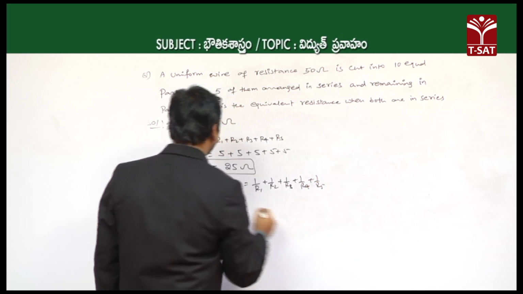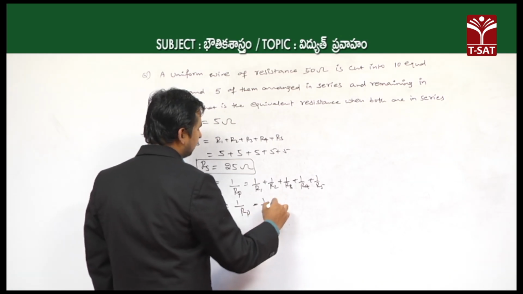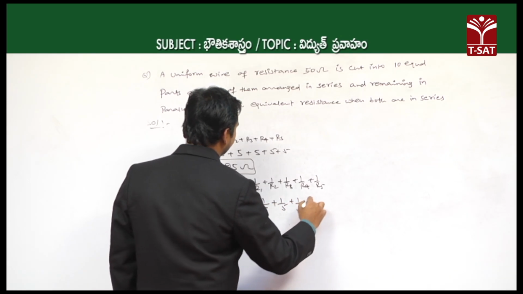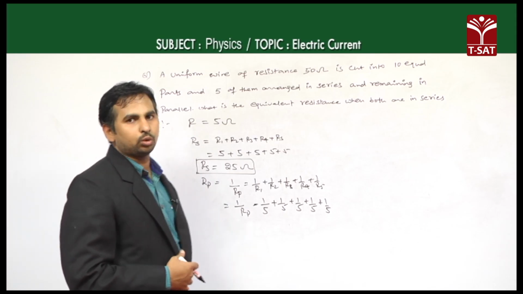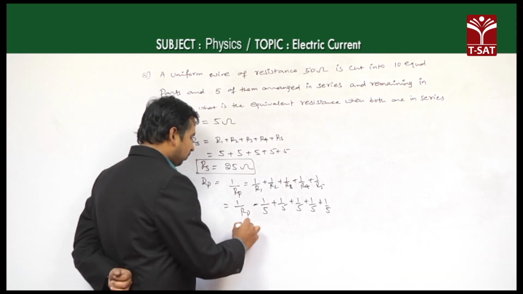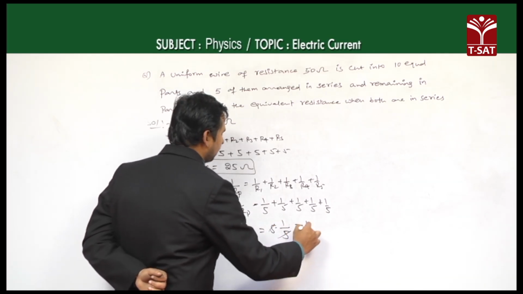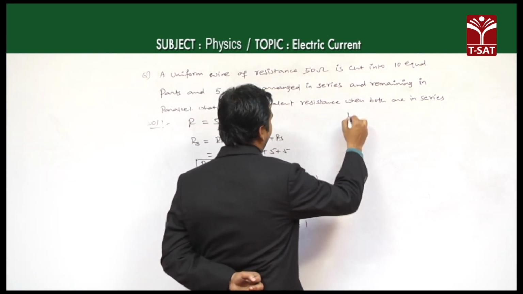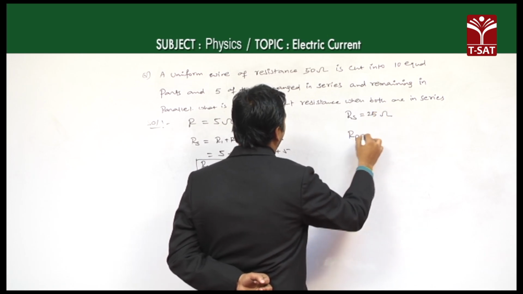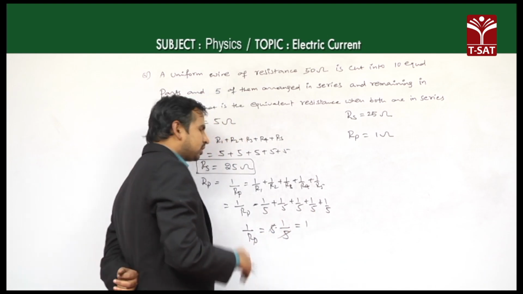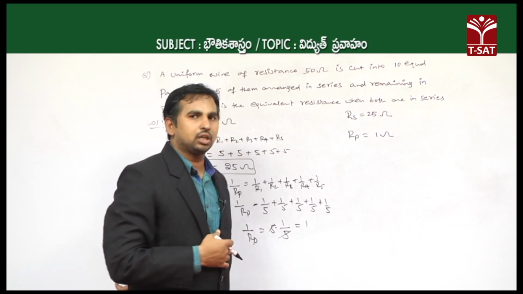Each one has a resistance of 5, so 1 by 5 is added 5 times. So 1 by Rp becomes 5 times 1 by 5, which is 1. Therefore, we finally got Rs as 25 ohms and Rp as 1 ohm.